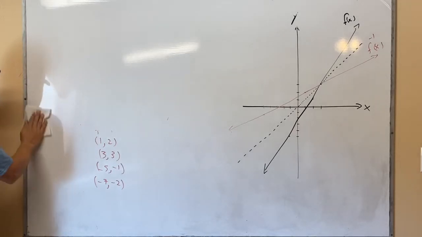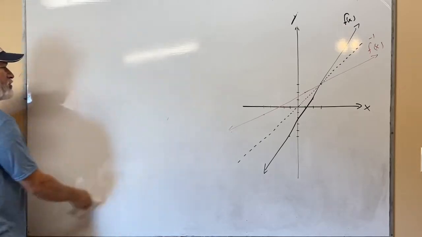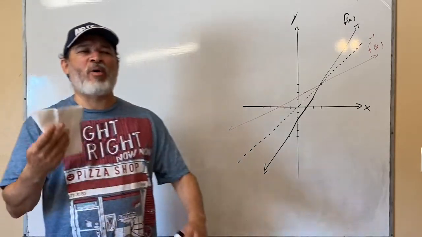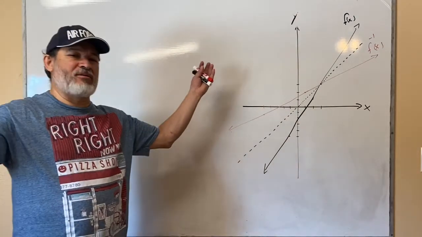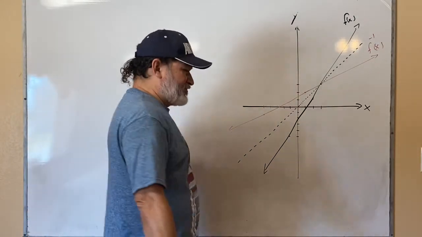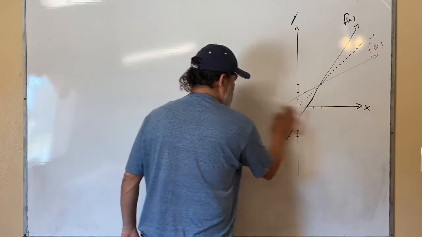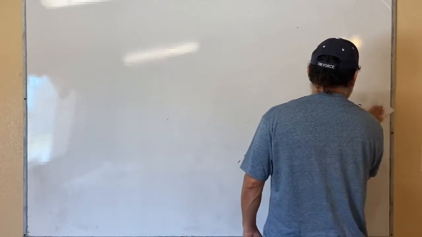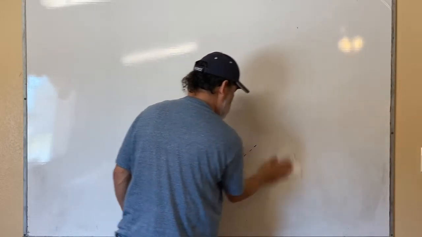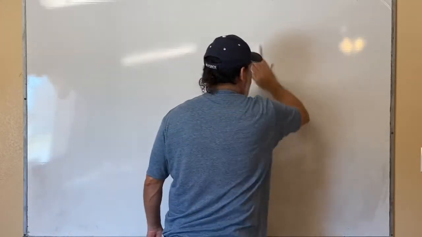And I'm going to show you that the answer is no. Can you always reverse the process for every function? The answer is no. And I'm going to show you why.